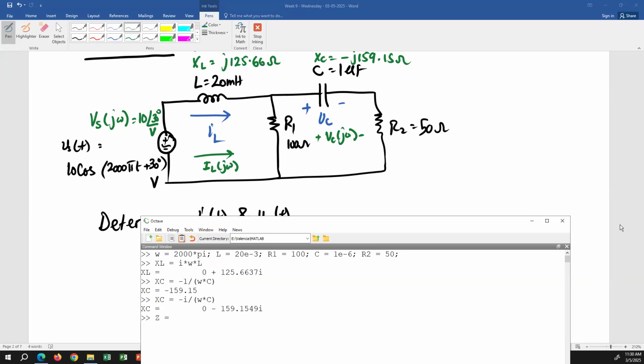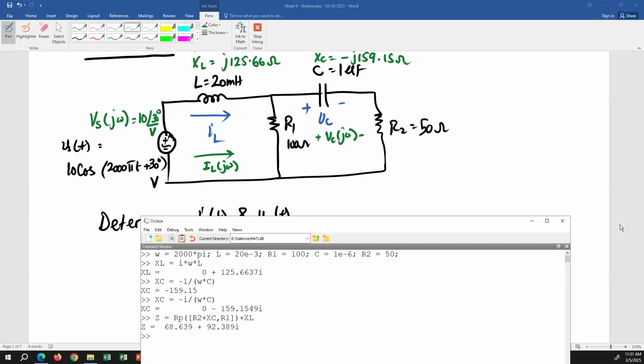So first we're going to do R2 and XC. So R2 plus XC. And again, see how easy it's going to be. Now this is in parallel with R1. So I'm going to use my program RP, irrespective of whether it is a real number or imaginary number. The program works for both, right? Comma R1. So that's going to calculate the parallel between the two. And then this is in series with XL.